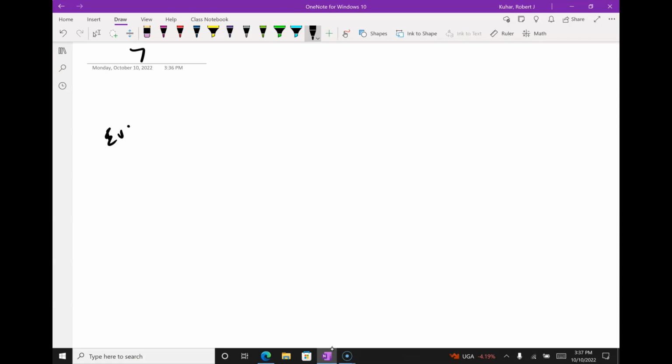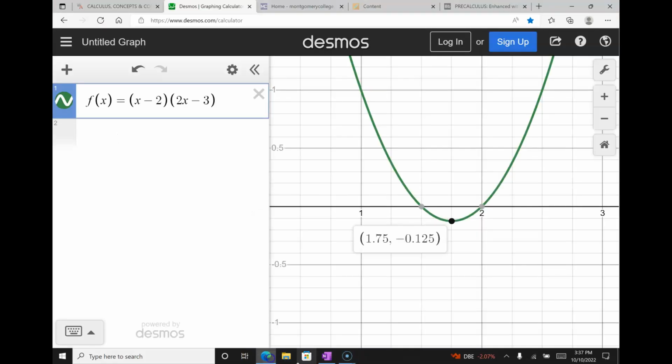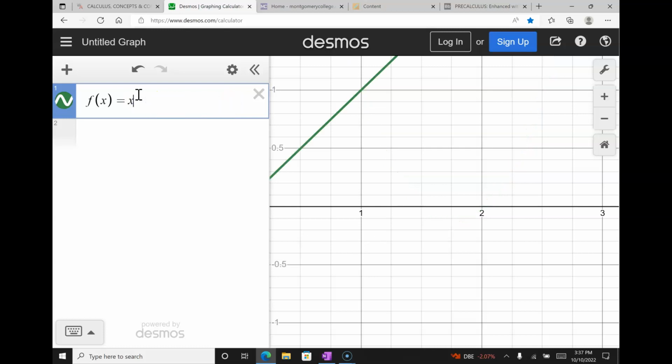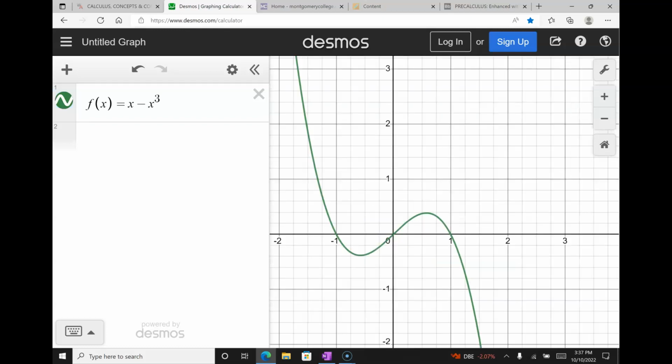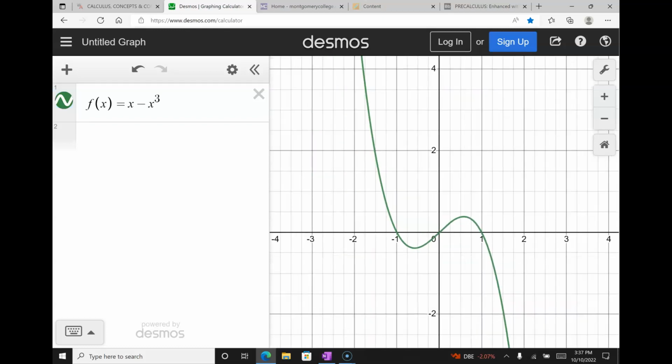Even, odd, or neither. We did this on the first day, the very first class. And I've got y equals x minus x cubed. Let's graph it first. And so what's telling you odd here? What's telling you odd?